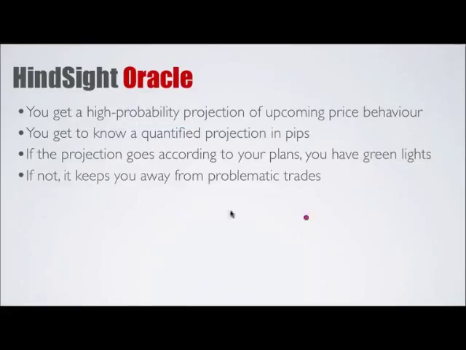Okay, and on the other hand, if the projection does not go according to your plan, well, it keeps you away from a problematic trade. Just as we've just seen in the last example, if you see that price is simply going to remain range bound over the upcoming 10 or 20 bars, or let's say that you were looking to take a buy trade, a long entry, but the projection actually points to the downside.